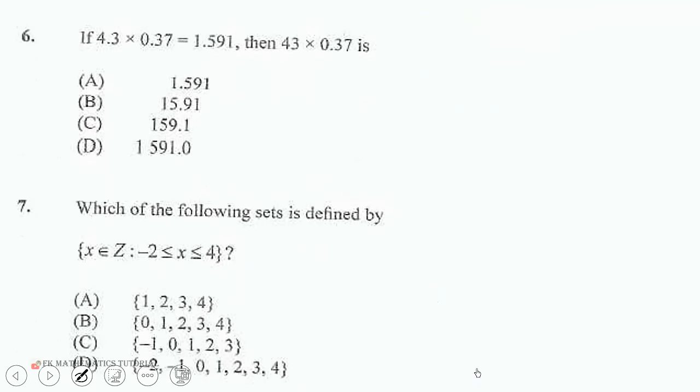If 4.3 times 0.37 is equal to 1.591, then 43 times 0.37 is. So we have 4.3 times 0.37 is equal to 1.591.